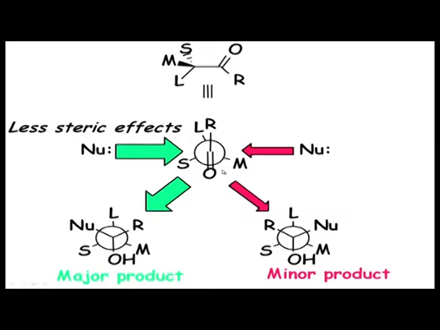Now, as I said, which one will be more and which one will be less, there is a certain set of rules. One set of rules was given by Cram, D. J. Cram, and according to him, there will be three groups, apart from the carbonyl, attached to the stereogenic center. This is only true for a system where the stereogenic center is alpha to the carbonyl.